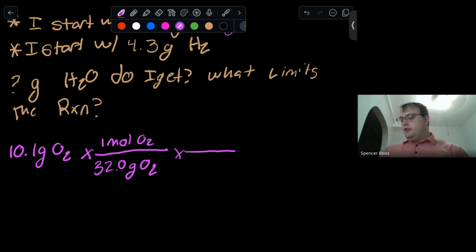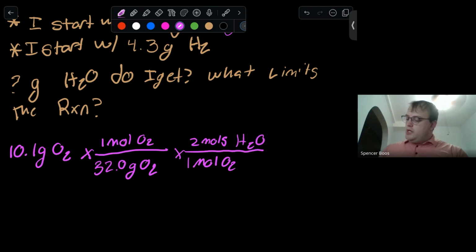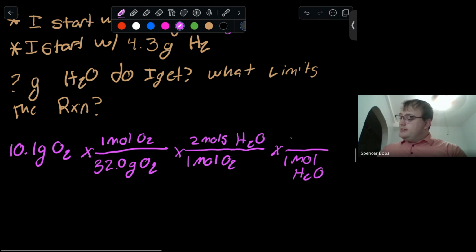I further know that for every 1 mole of O2, I get 2 moles of H2O. I finally know that for every 1 mole of H2O, I get 18.02 grams of H2O.